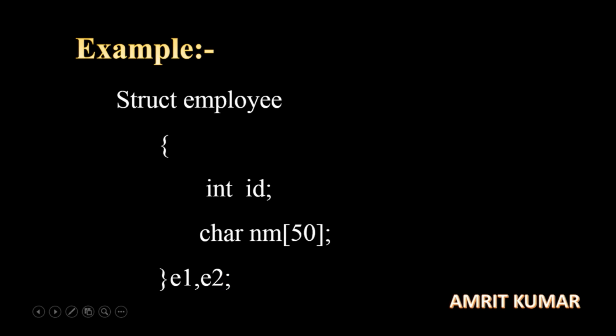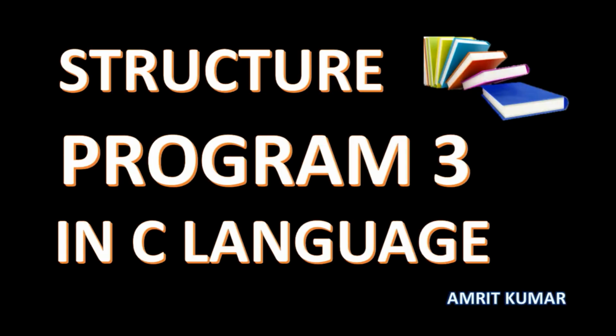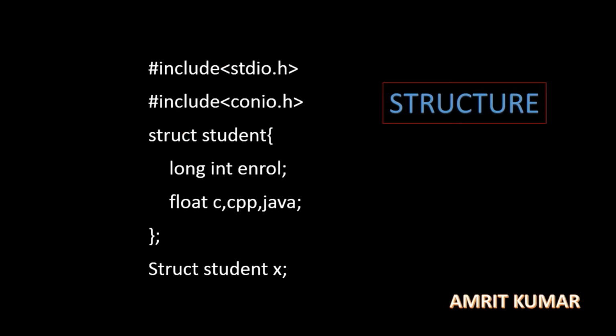Now let's look at program number 3, which is a very important program for the structure. So let's look at structure program number 3 in C language. Here is that program.